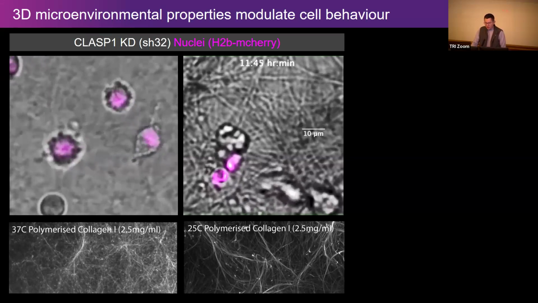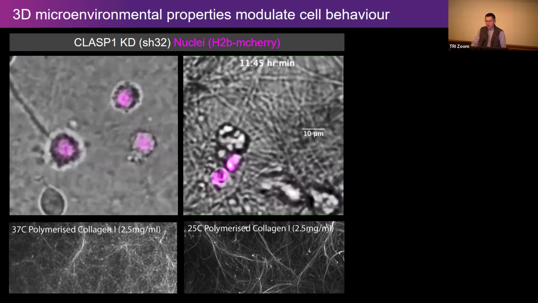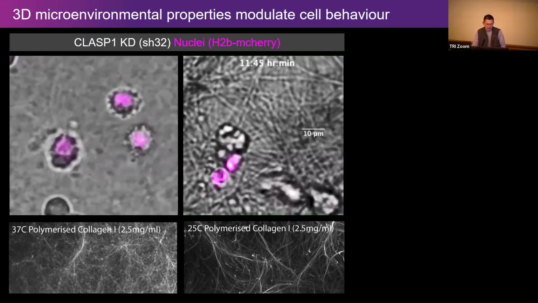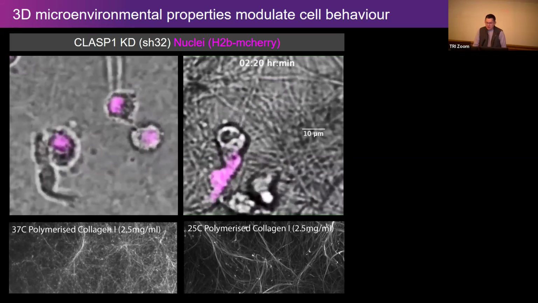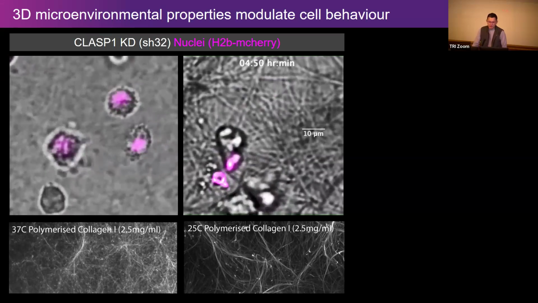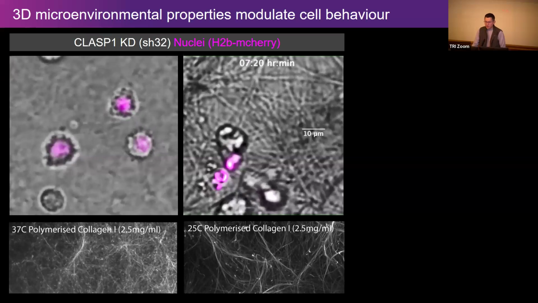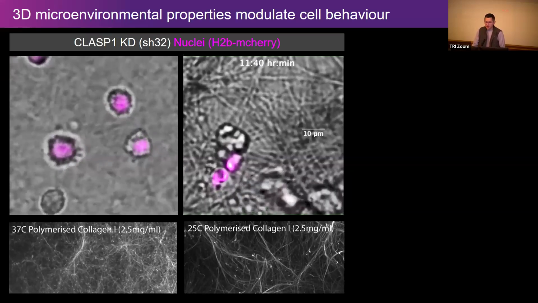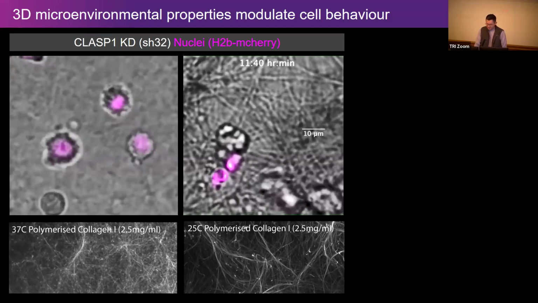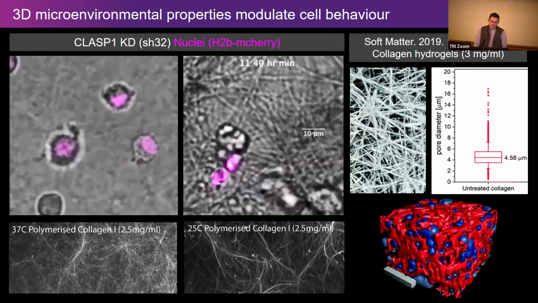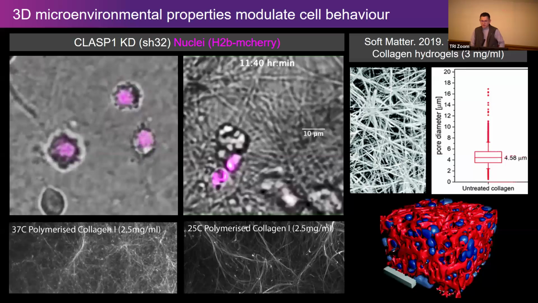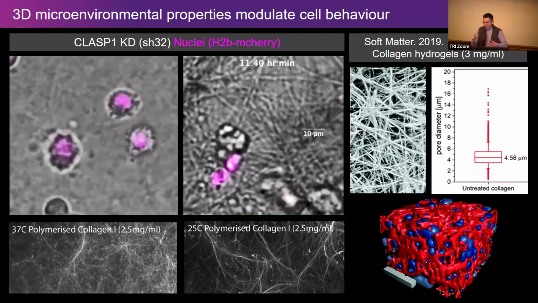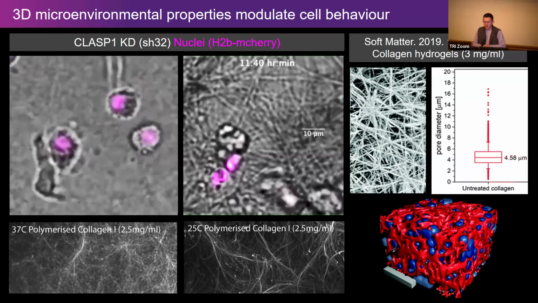But when we modulate the organization and structure of the collagen, if I replay this movie, you can see that as a cell attempts to migrate through slightly larger pores between the fibrils, the cell basically dies in attempting to do so. This is because we expand the geometries of the environment, allowing the cells a little bit more flexibility in trying to invade.